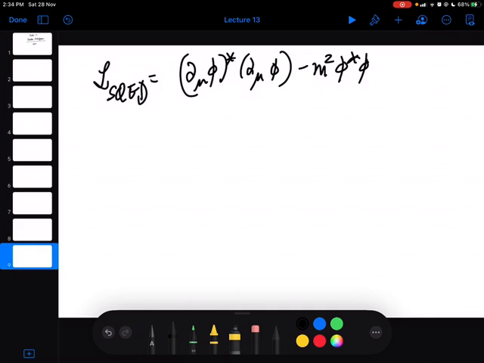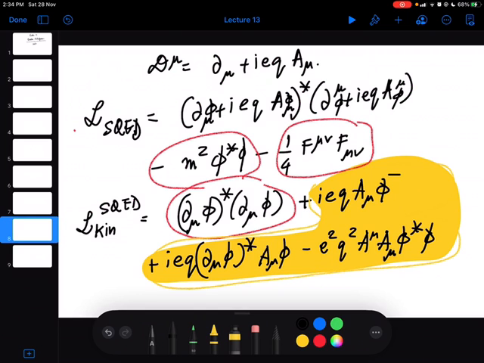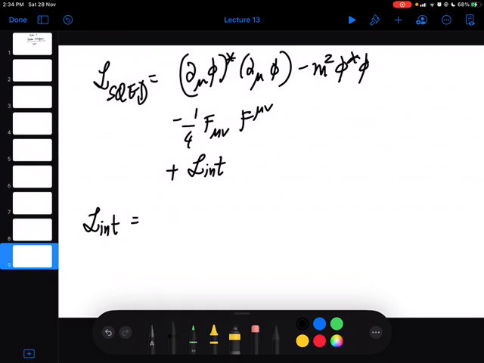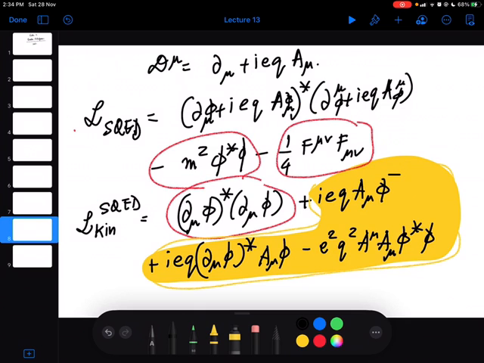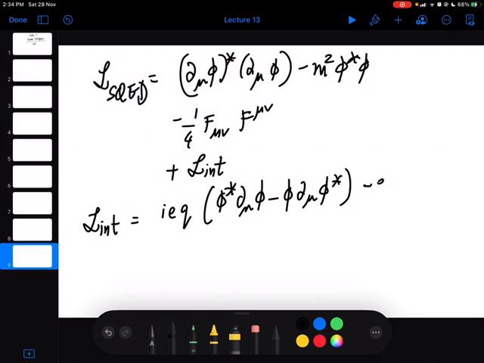This is the first part. The second part is minus 1 by 4 F mu nu F mu nu. And the third part I call L interaction, which is IEQ A mu, phi star del mu phi minus phi del mu phi star, minus E square Q square A mu A mu phi star phi.